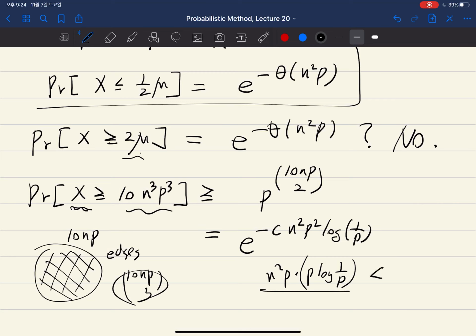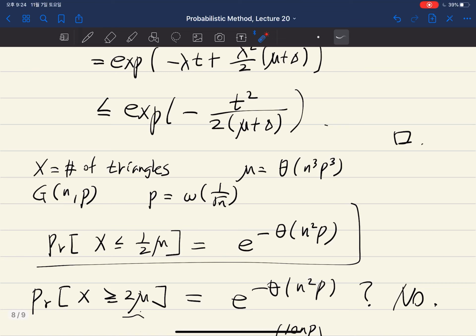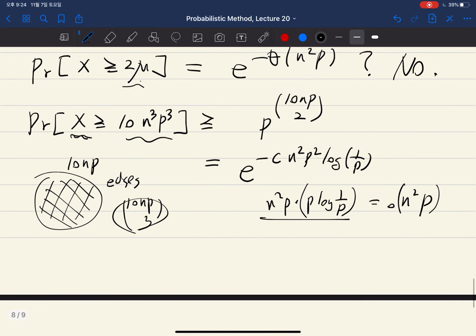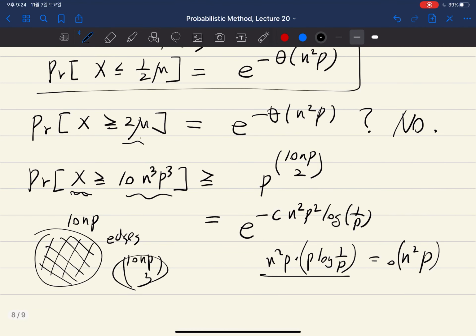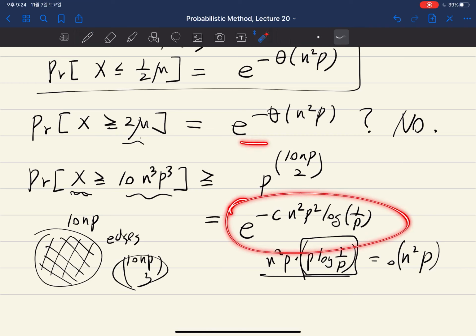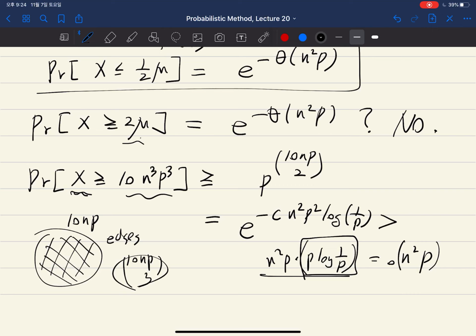This is much smaller than n squared p, because p is, let's say, little o of 1, of course. Then p is very small, so if you compute, this also goes to 0 as p goes to 0. So this number is much bigger than this, small omega of e to the this number.